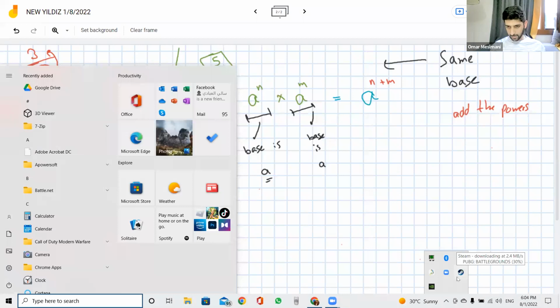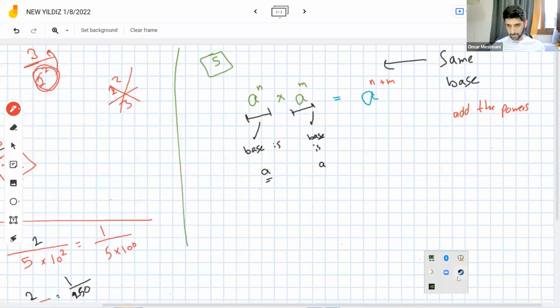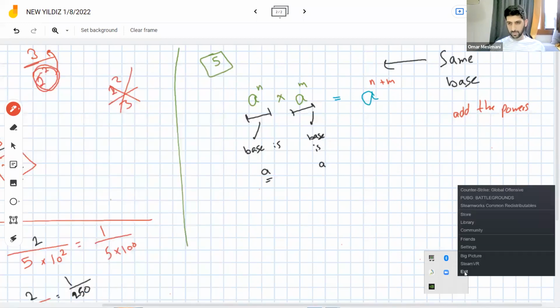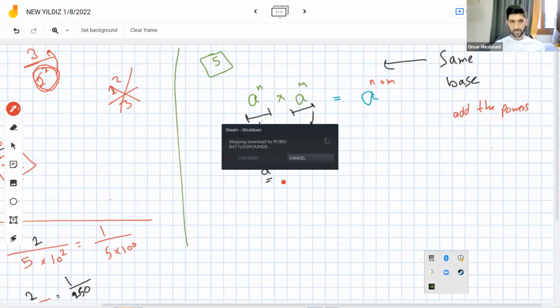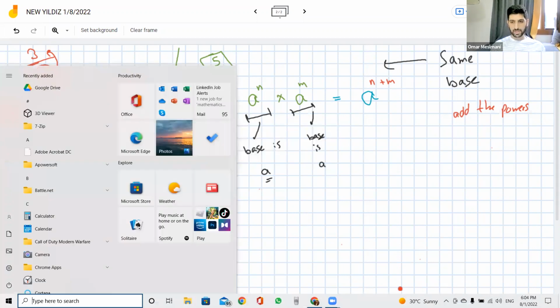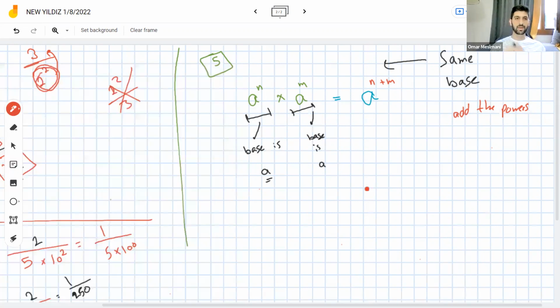This is the Steam downloading. I don't know when it started to download this PUBG. This is for my pen, this is for Zoom, this is for the security. Okay, now I hope that this is working.